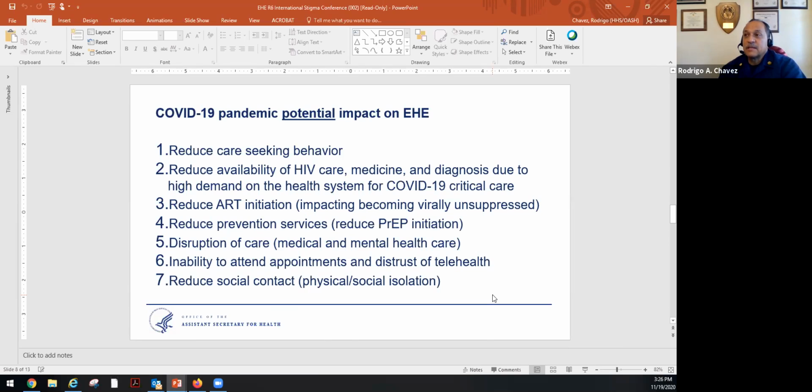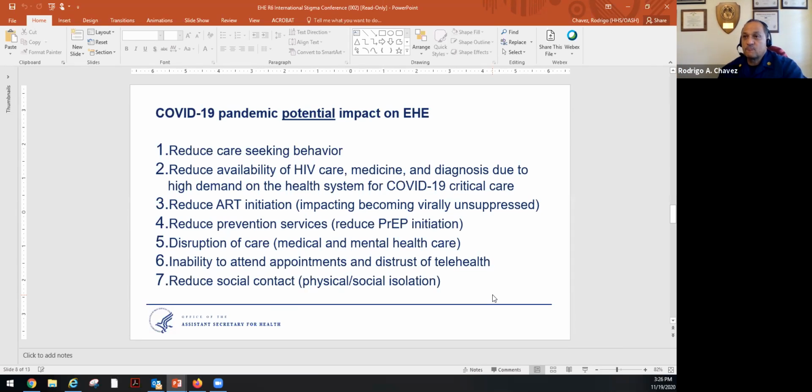And that also creates a service provider crisis because we're fighting against the numbers. As the number of COVID positive cases increases, the number of providers decreases. So it's a battle that has to be fought very strategically.